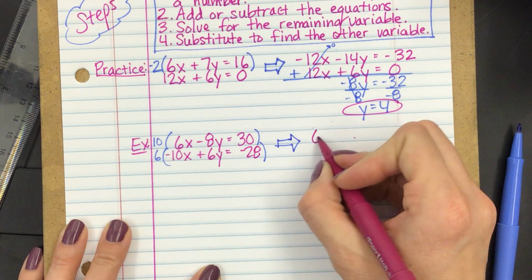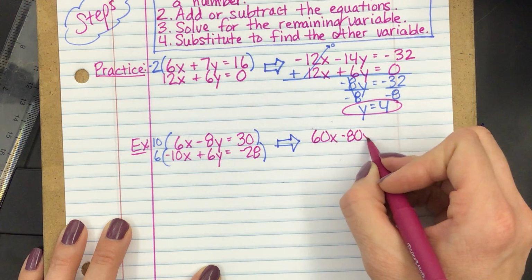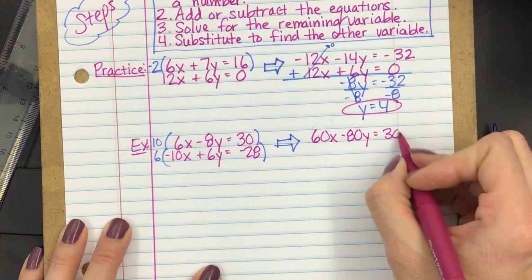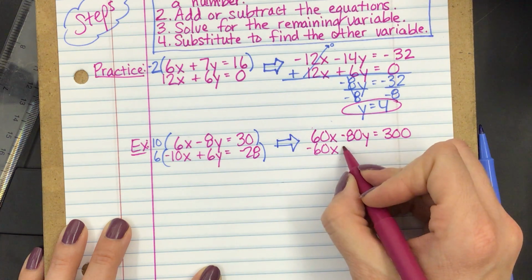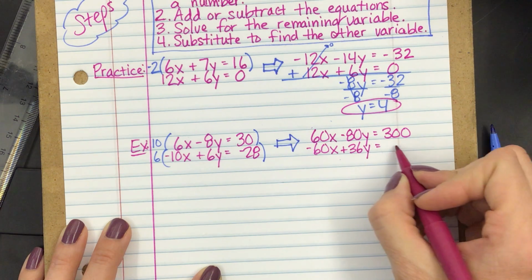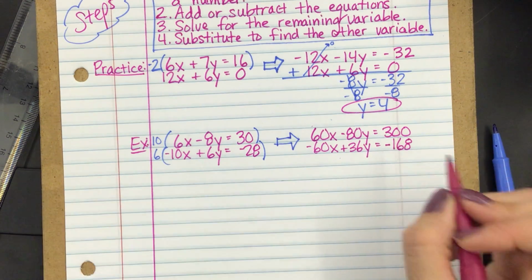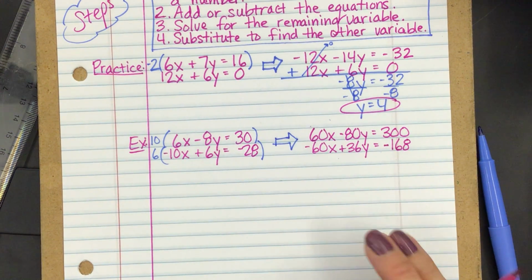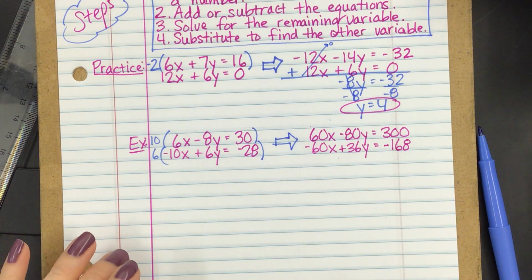So this will be 60x minus 80y is equal to 300. And negative 60x plus 36y is equal to negative 168, I believe. Excuse me. Is that right? Yes, it is.